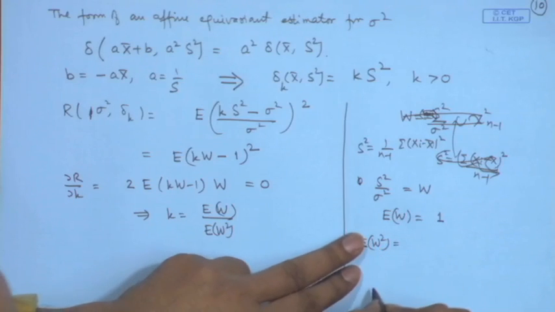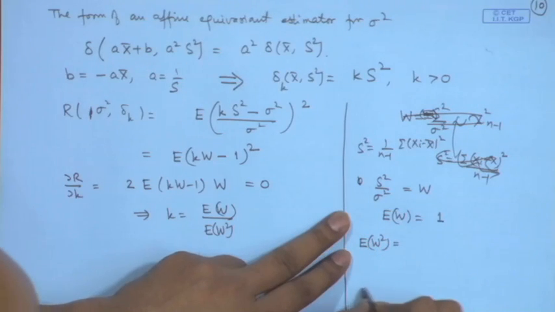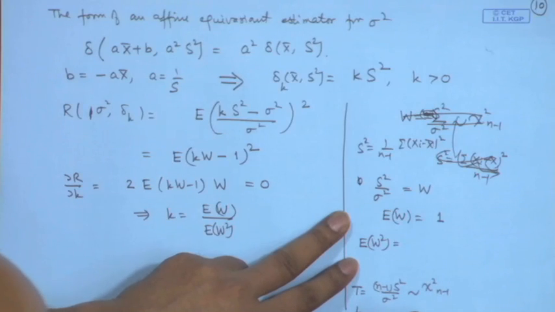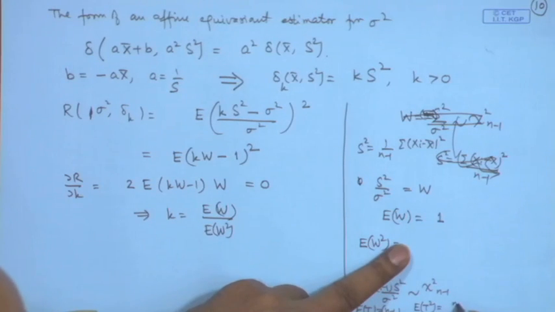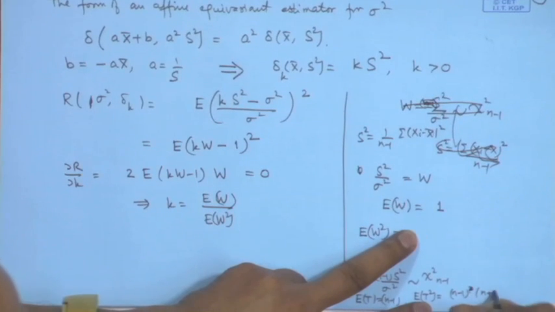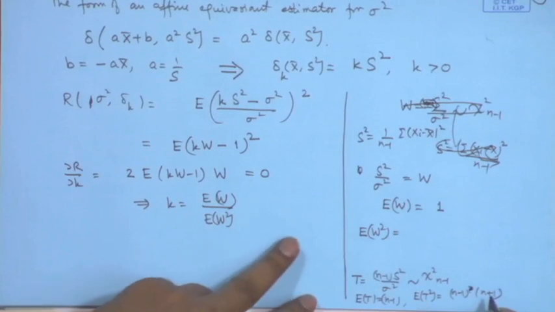So if I calculate T is equal to n minus 1 S square by sigma square, that is chi square on n minus 1 degrees of freedom. So, expectation of T is n minus 1 and expectation of T square is equal to n minus 1 into n plus 1.